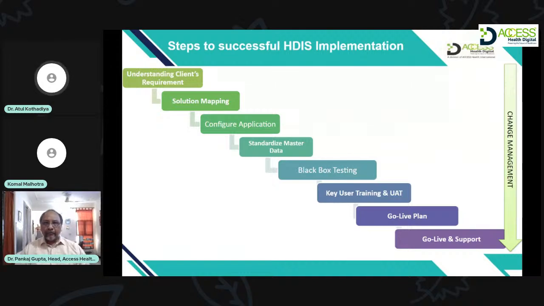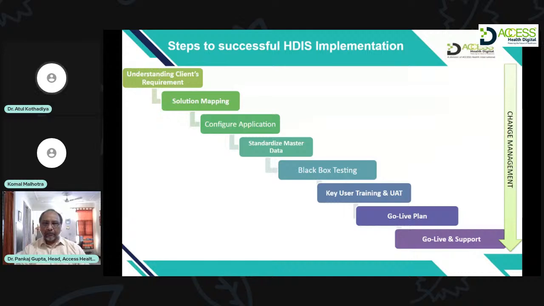When we actually started giving demonstrations of this software to the end users, or during the training to the champion users, we realized that 40% of the requirements of the client were not met by the software.